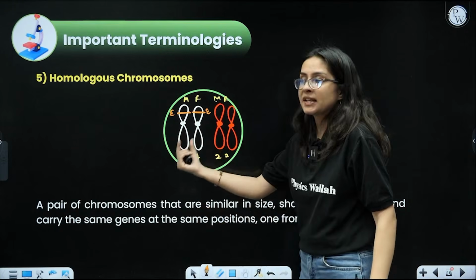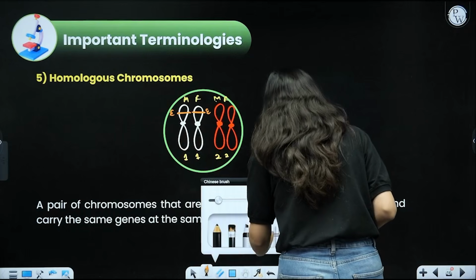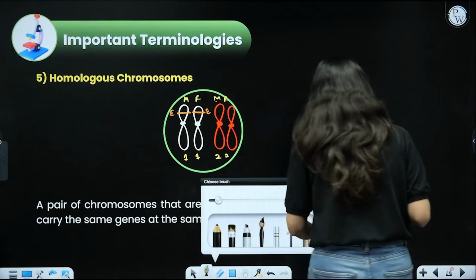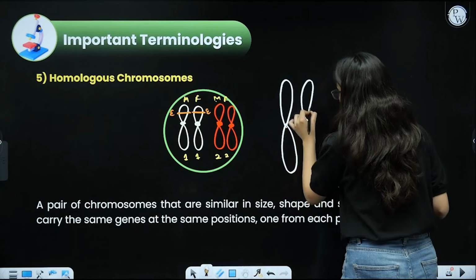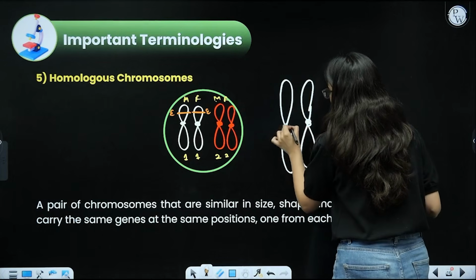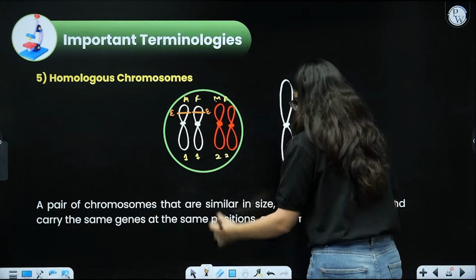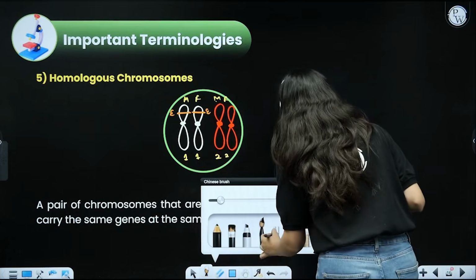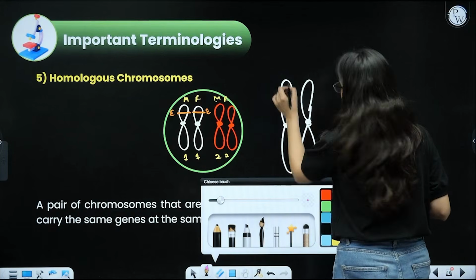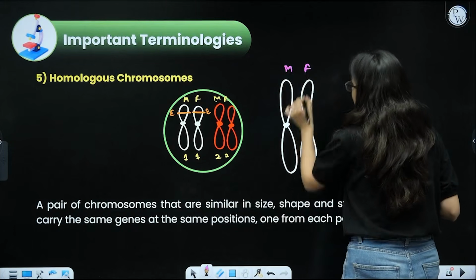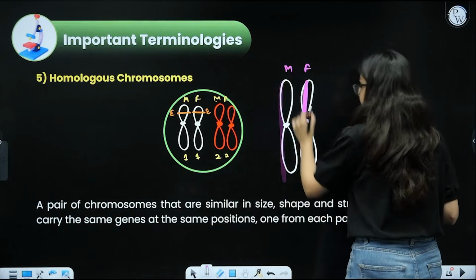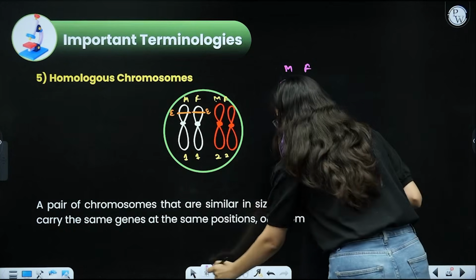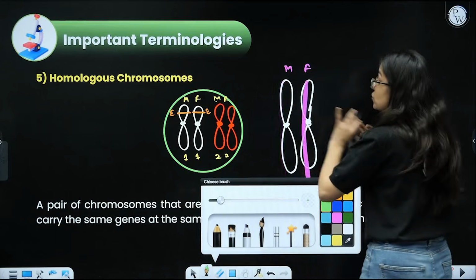Such chromosomes which have the same shape, the same structure, size and the same arrangement of genes are called homologous chromosomes. Again I will repeat: both of these chromosomes, where one is from the mother and one is from the father, are of the same length, same shape, same size, and both have a similar pattern of gene distribution.